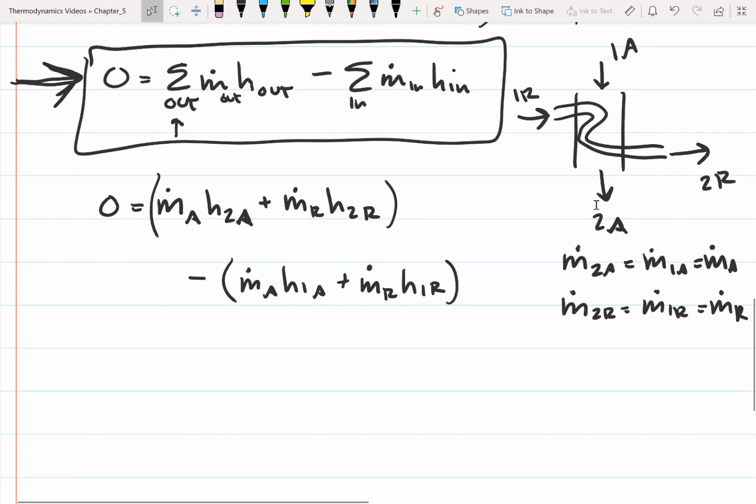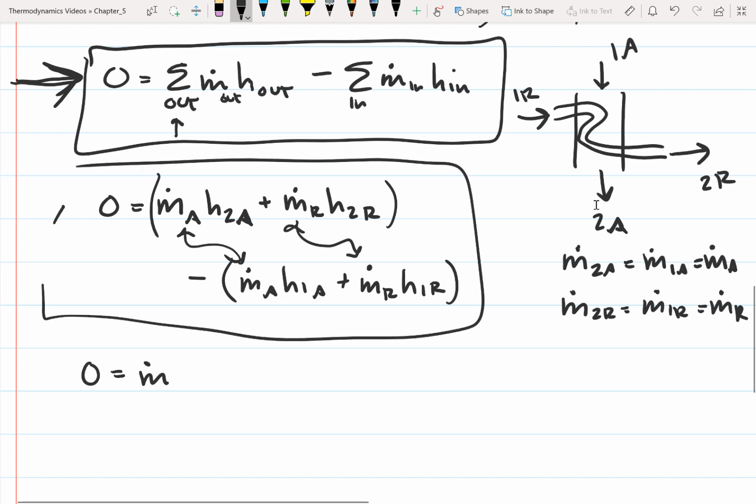Now what I want to do is combine like terms, where I have the mass flow rate of the air and the mass flow rate of the refrigerant, to make this a little more concise equation. So 0 equals, and all I'm doing now is moving some things around to make it a little bit easier to read.